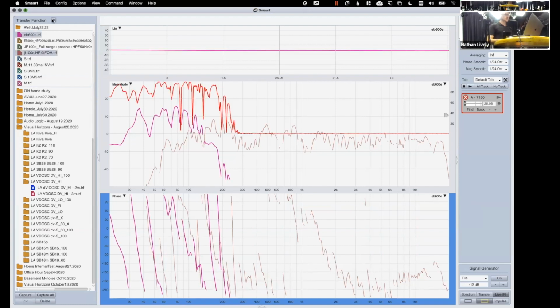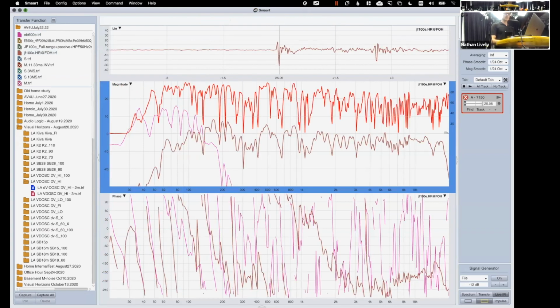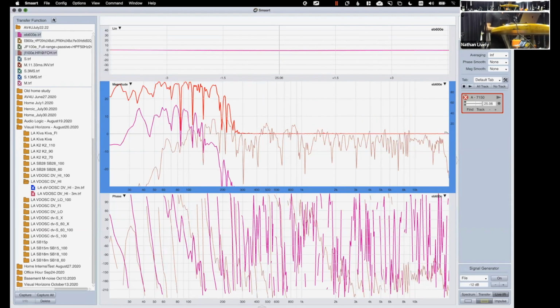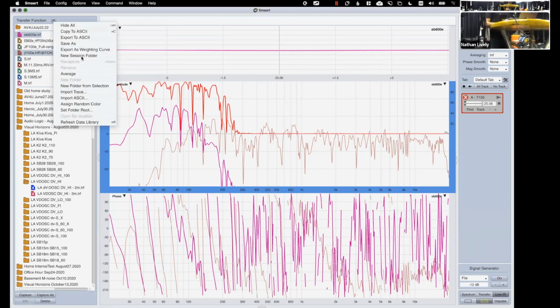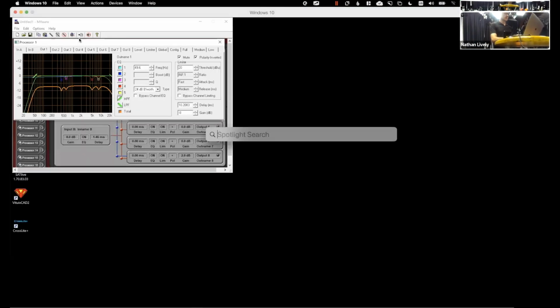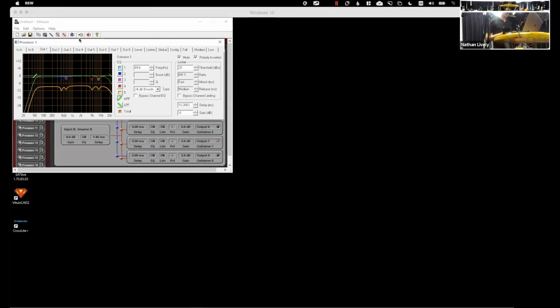Take these two measurements. Before you do an export, turn off coherence blanking. Turn off smoothing. And then export to ASCII. Downloads, quit, REW.